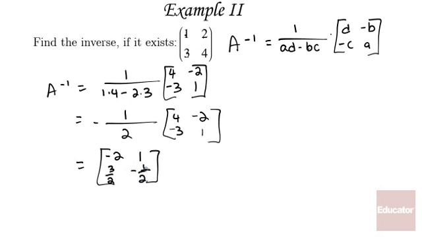Now, if I wanted to check this, I could check it by saying that A times A inverse is the identity matrix. So this is A inverse. Let's go ahead and multiply this times A and see what happens. Let's try A times A to the negative 1 and just see what we get.